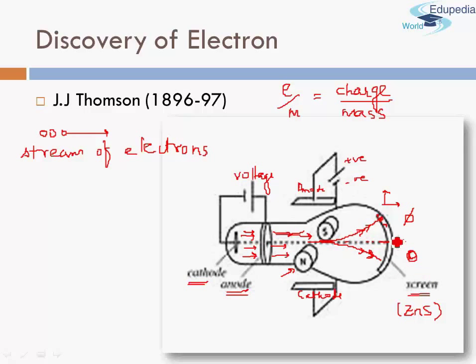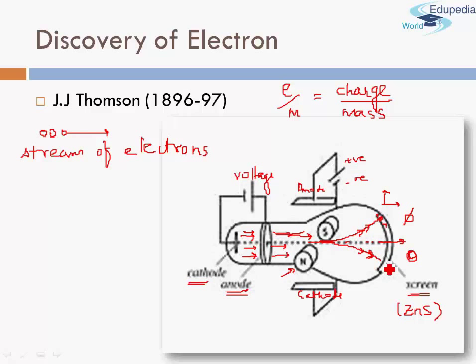So now he was able to calculate the deflection due to the electric field, phi, and the deflection due to the magnetic field, theta. This deflection due to the magnetic field was quite significant, because before him other scientists were not able to observe significant deflection in the presence of a magnetic field. Now when he applied these simultaneously, the electric field is going to make the cathode rays deflect upwards, and the magnetic field is going to make them deflect downwards.